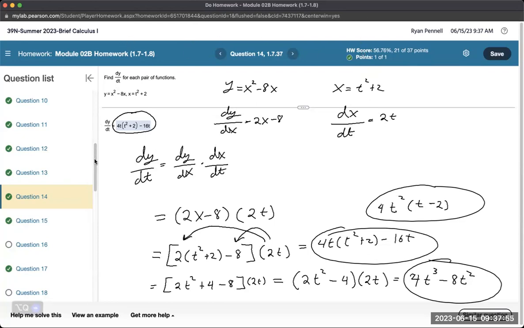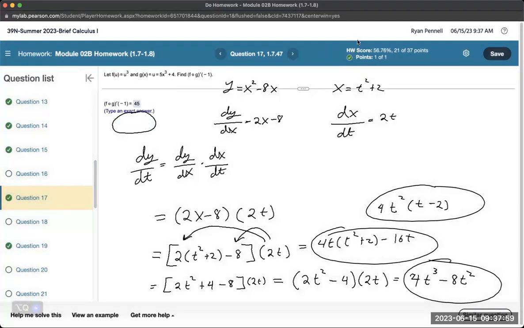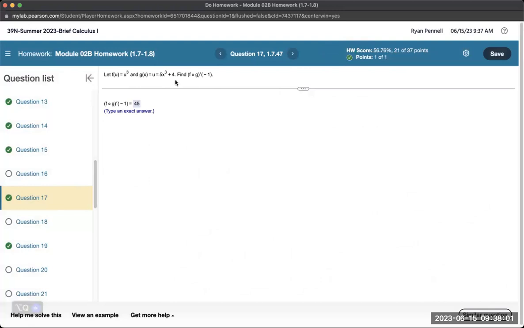Okay, the next one I wanted to show was 17 because it has this composition of functions. Even though we've been using it with chain rule, I just want to make sure that it makes sense. So we have f of u equals u cubed, g of x equals 5x cubed plus 4.